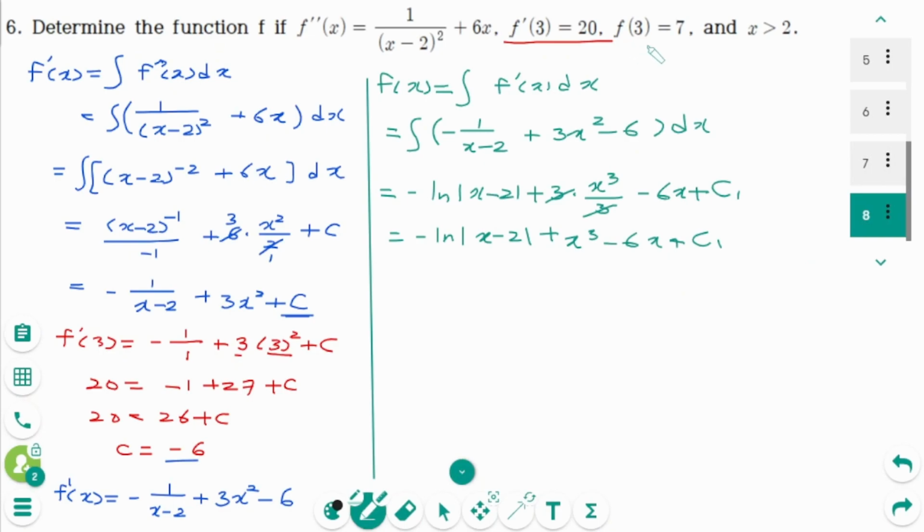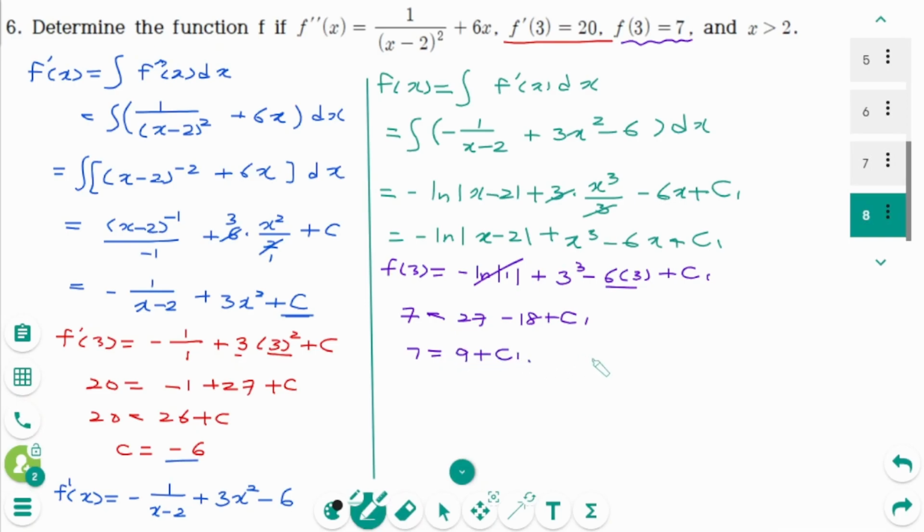Now use f of 3 equals 7. Then f of 3 equals minus ln absolute value of 3 minus 2, which is 1, plus 3 cubed minus 6 times 3 plus c1. F of 3 is 7, then 7 equals ln 1 is 0, 27 minus 18 plus c1, then 7 equals 9 plus c1, then c1 equals minus 2.